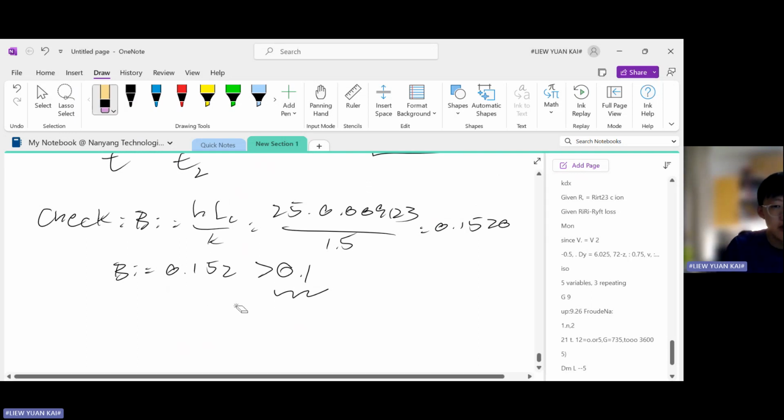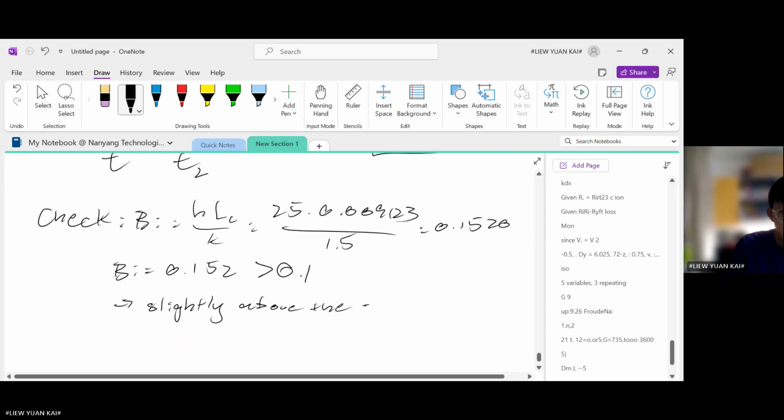So this is the comment that I'm going to make. You must explicitly write this down as part of your solution. The comment is that this is slightly above the threshold of acceptability.